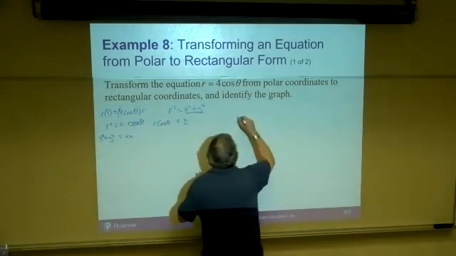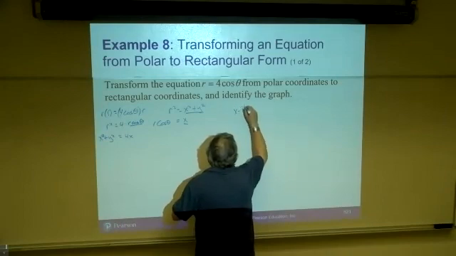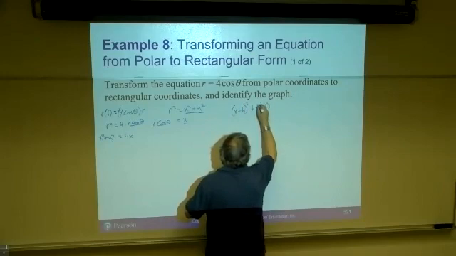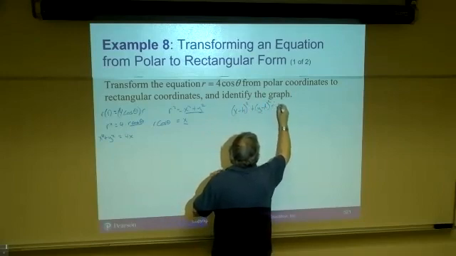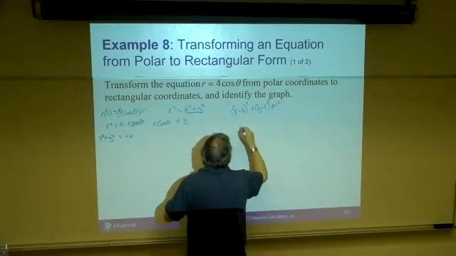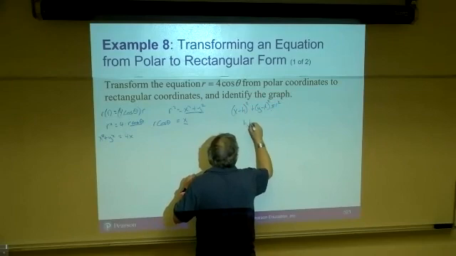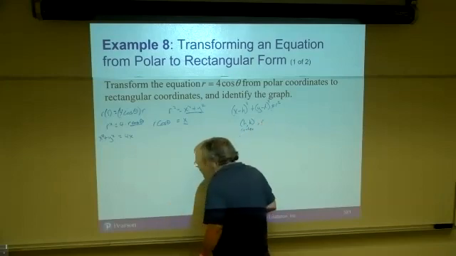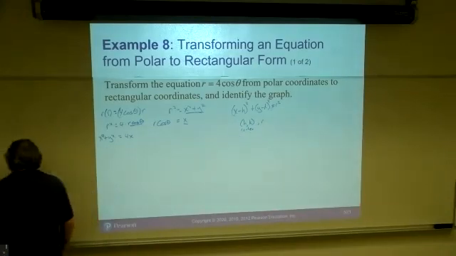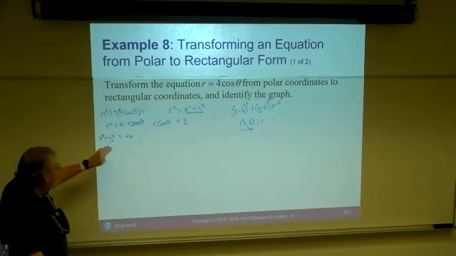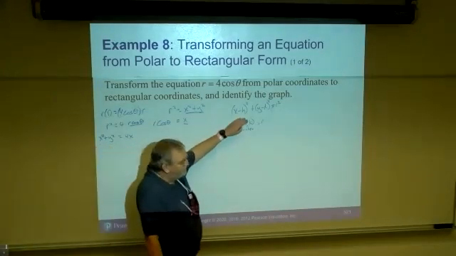Because the standard form of a circle is (x minus h) squared plus (y minus k) squared equals r squared, where h comma k is the center of the circle and r is the radius. So I need to transform this to look like this.